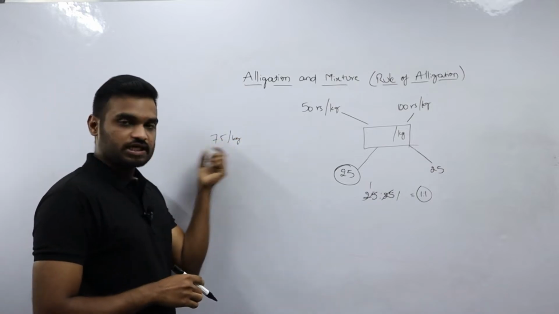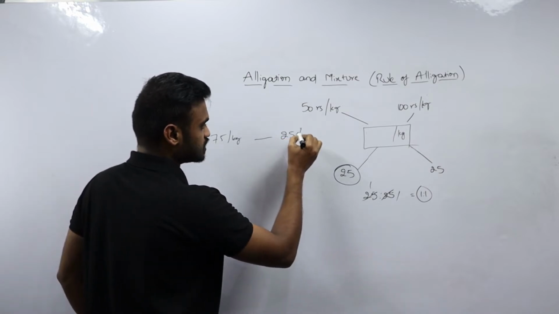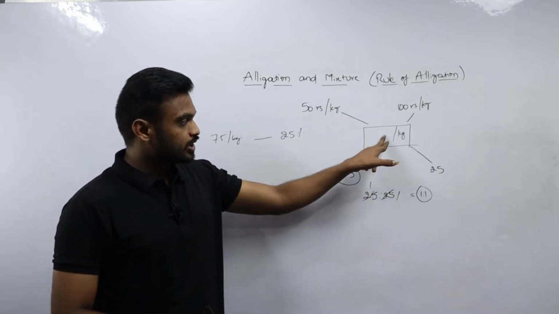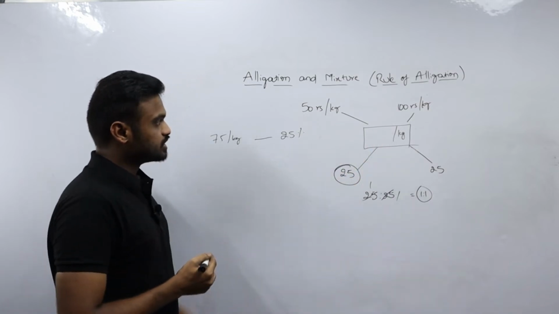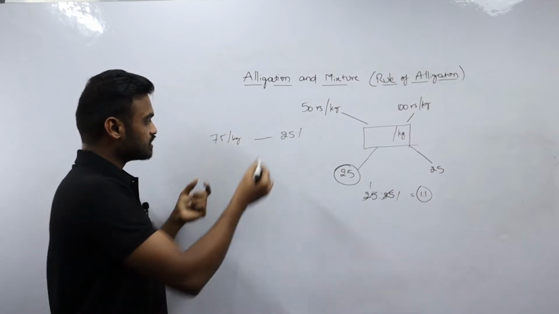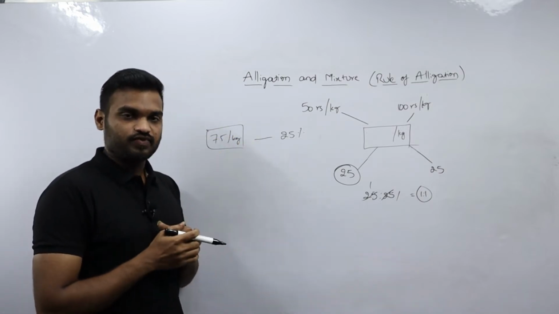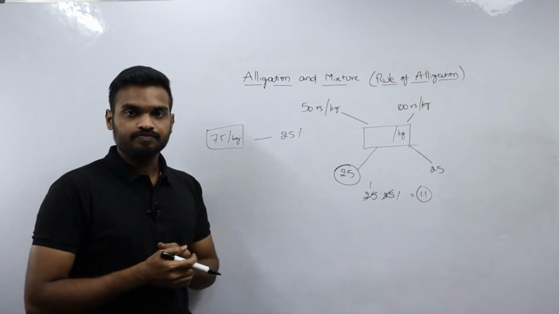After selling at 75 rupees per kg, they are earning a profit of 25%. I am considering the same example, but I am removing the mean price. Now they are asking the question: they will mix both quantities of rice and sell the resultant quantity for 75 rupees per kg, and after selling they will earn a profit of 25%.